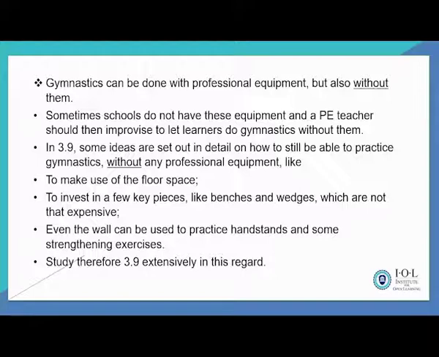In 3.9, some ideas are set out in detail on how to still be able to practice gymnastics without any professional equipment, like to make use of the floor space, to invest in a few key pieces like benches and wedges, which are not that expensive. Even the wall can be used to practice handstands and some strengthening exercises. Study therefore 3.9 extensively in this regard.